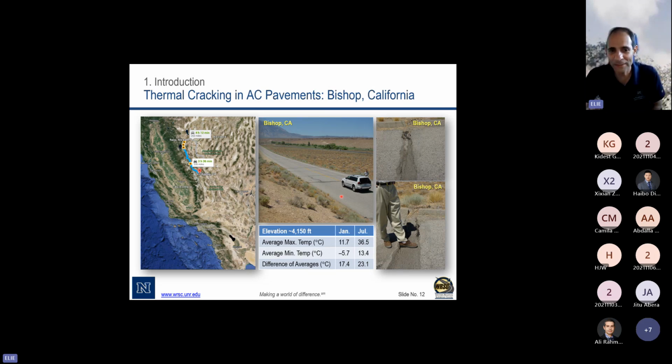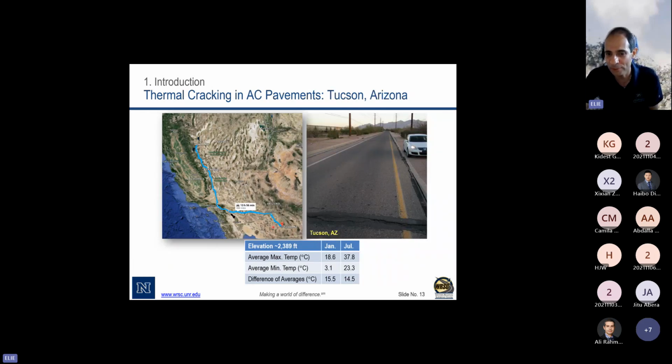temperatures. But what about if we continue driving now south and we go all the way to Arizona, to Tucson, Arizona? So Arizona is a hot environment, especially in Tucson now. If you look, even in January, it's 18 degrees C and there's no sub-zero temperature.